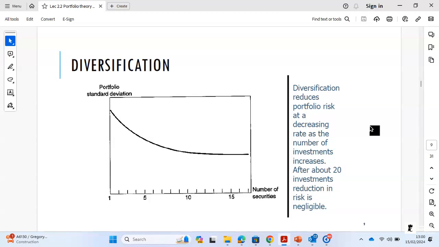Okay? It goes down, but the rate at which the risk goes down decreases with the addition of additional securities. As you add on more securities, the marginal reduction in risk is lower.